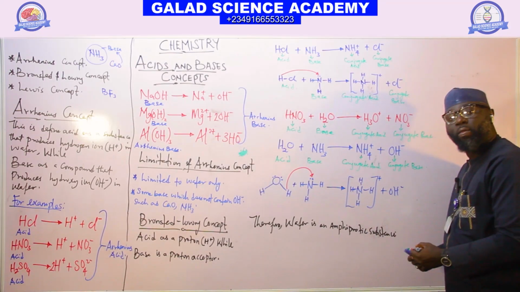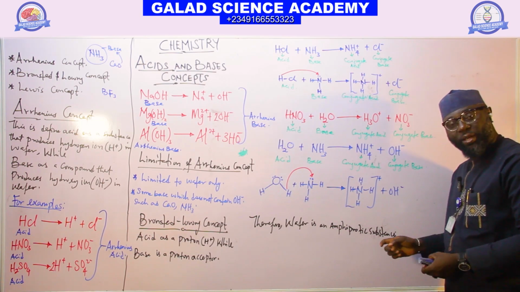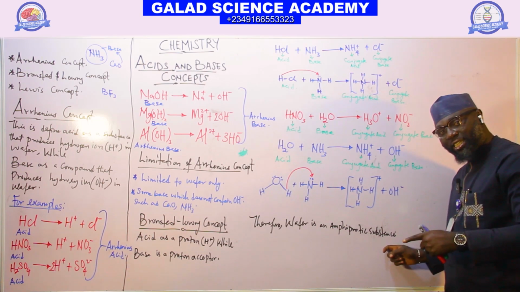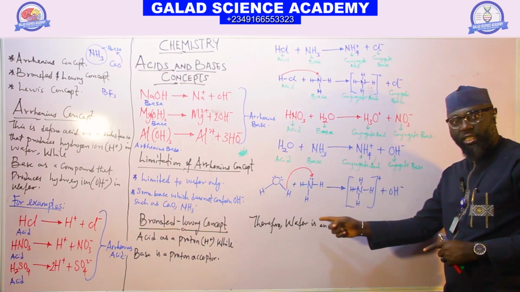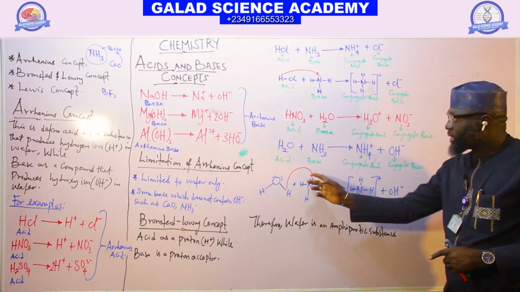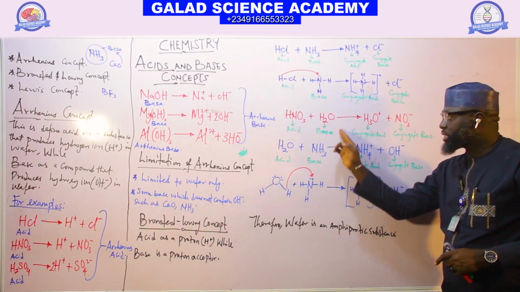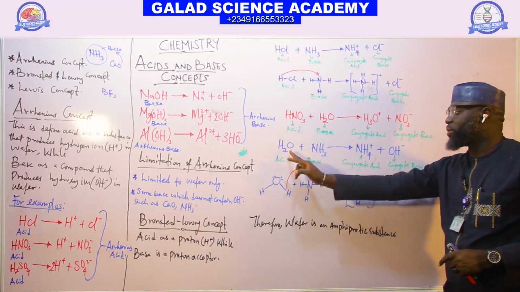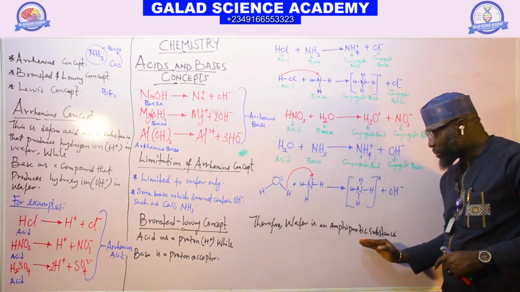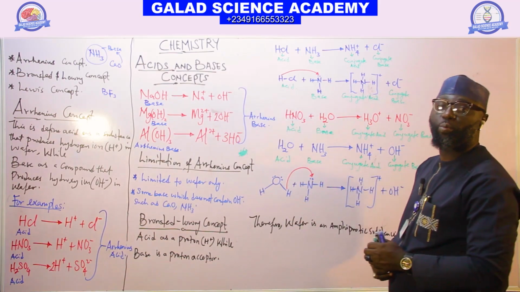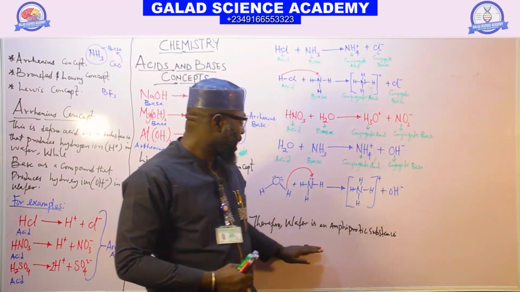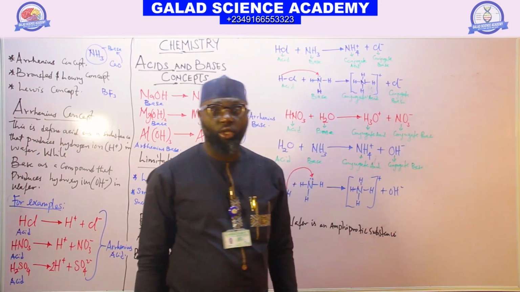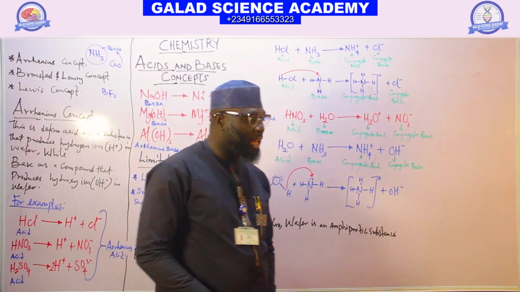That is a substance that behaves like a Bronsted acid and also behaves like a Bronsted base. So water here behaves like a Bronsted base, and it also behaves like a Bronsted acid here. So any substance that has the ability to behave like a Bronsted acid and a Bronsted base is called an amphiprotic substance.